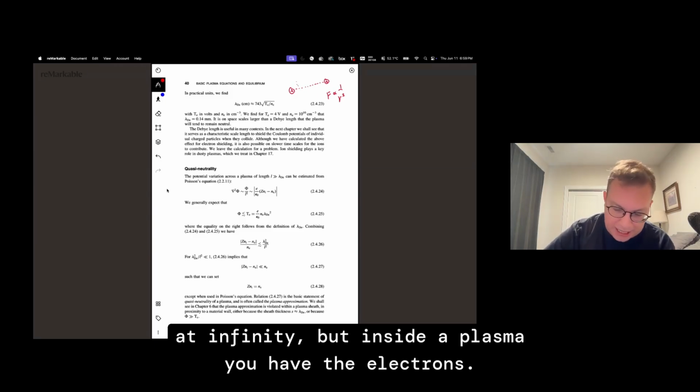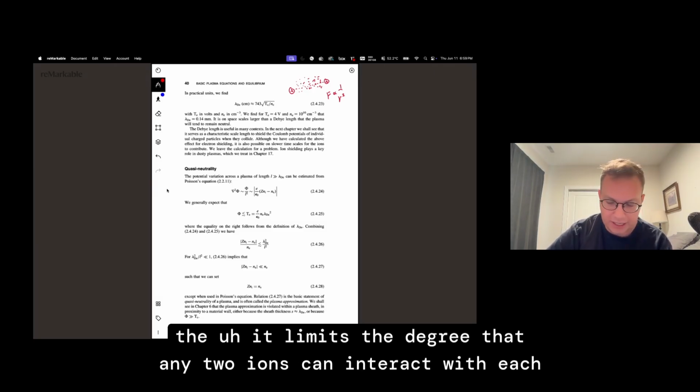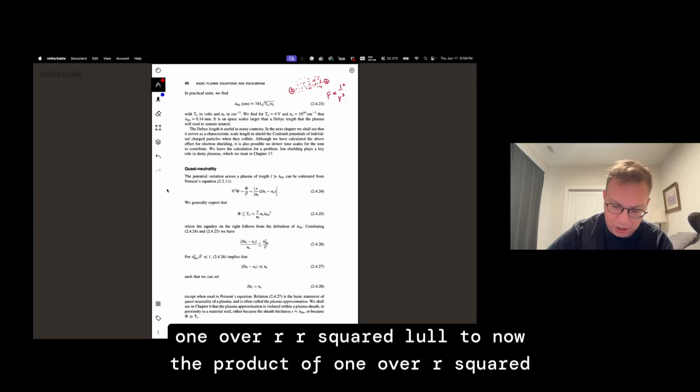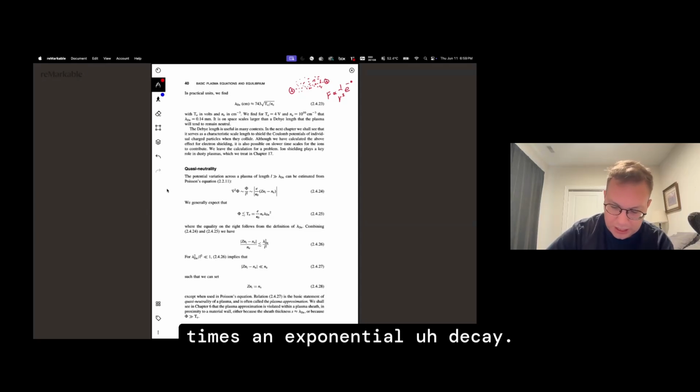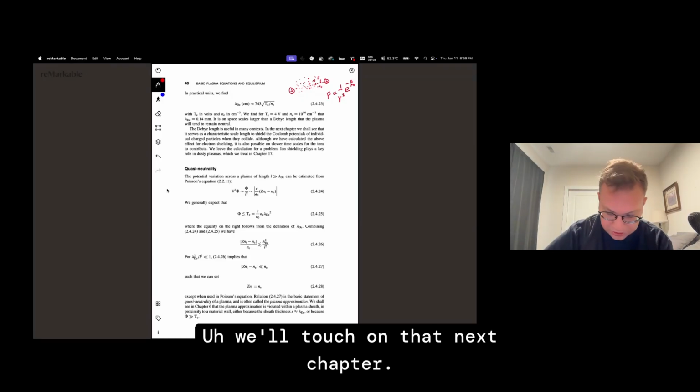But inside a plasma, you have the electrons that act to screen out that interaction, and it limits the degree that any two ions can interact with each other. So it changes the screening from a 1 over r squared law to now the product of 1 over r squared times an exponential decay that's dependent on the Debye length. We'll touch on that next chapter.